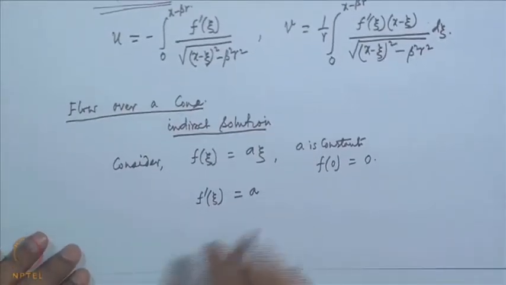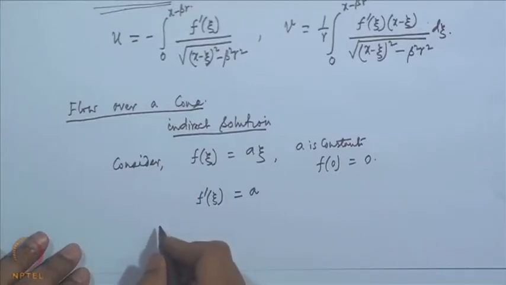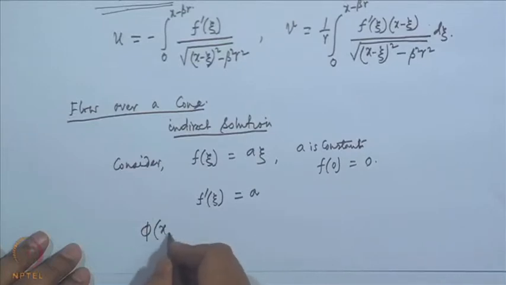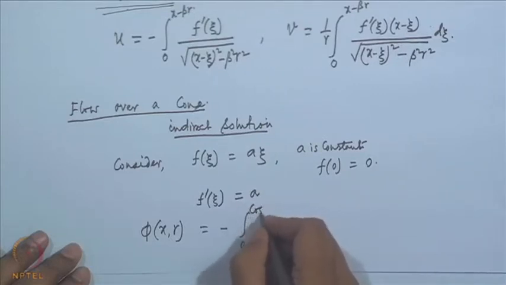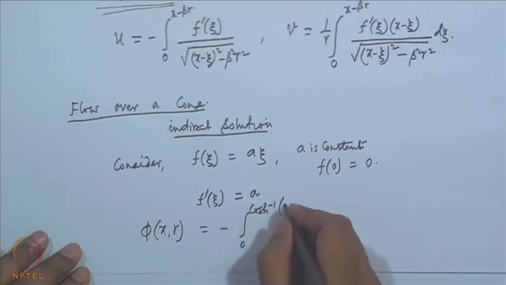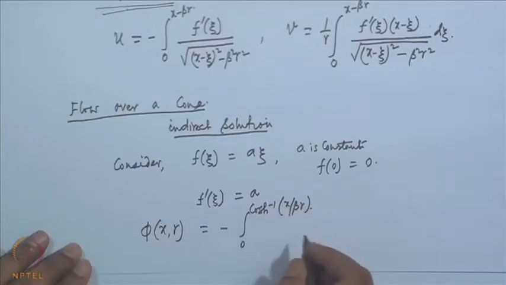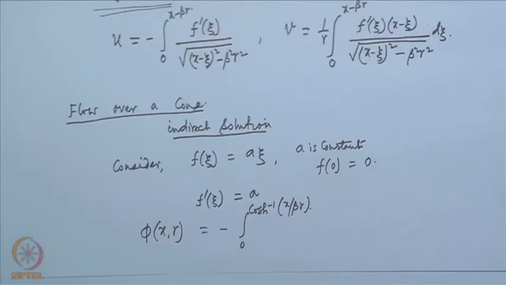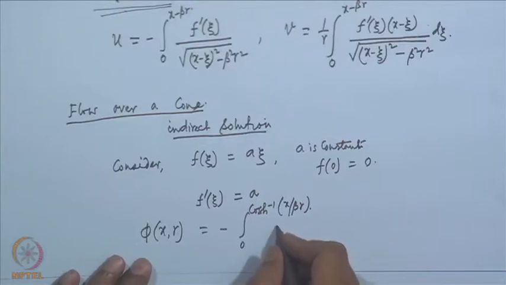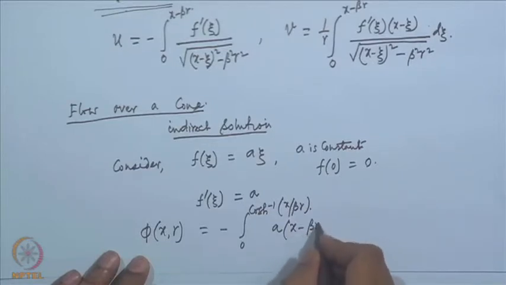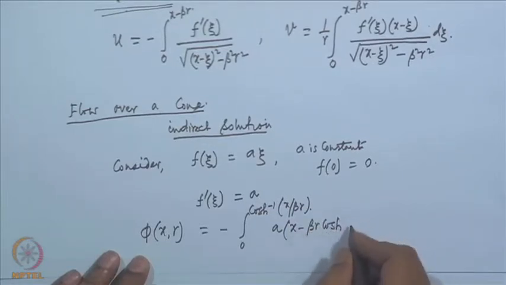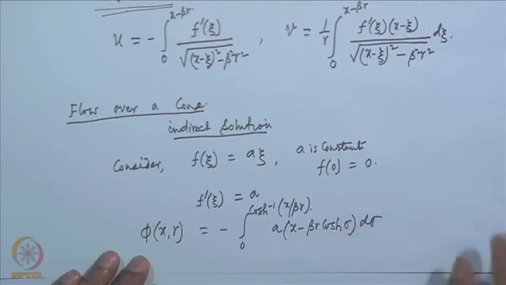Then the potential function at any point can be written as minus integral 0 to cosh inverse x by beta r of what we had, f of xi, which is simply a xi, and xi is then replaced as a x minus beta r cosh sigma, d sigma.